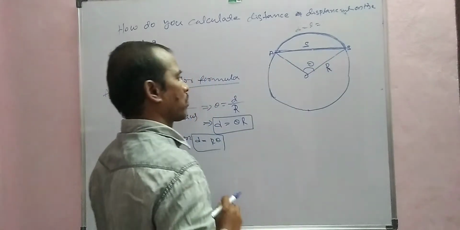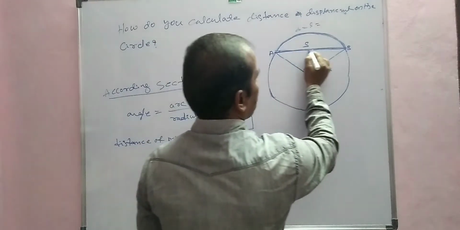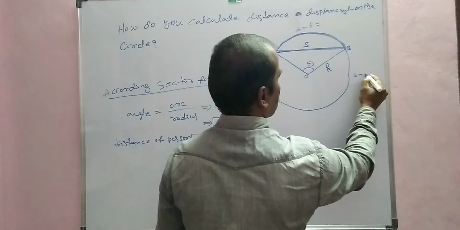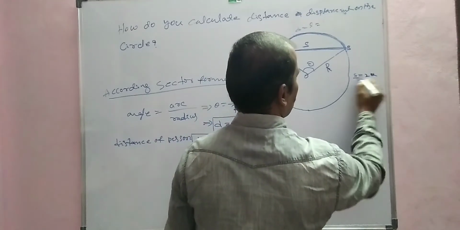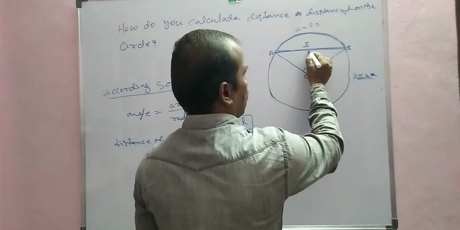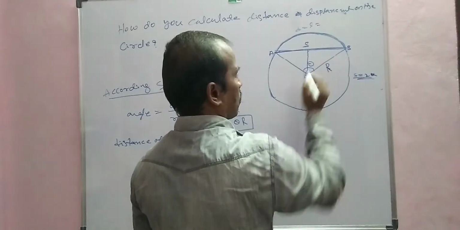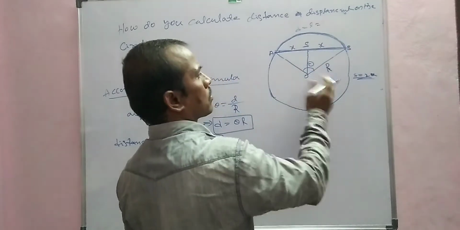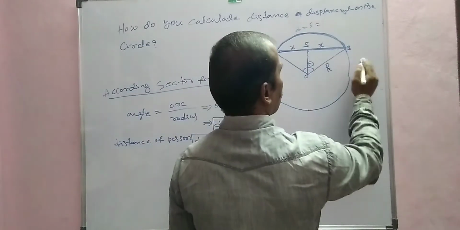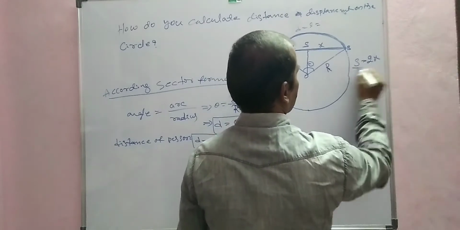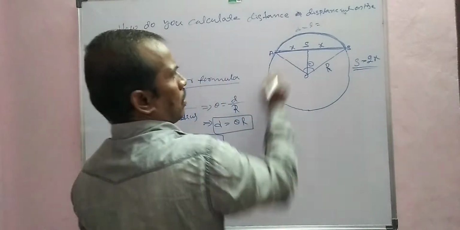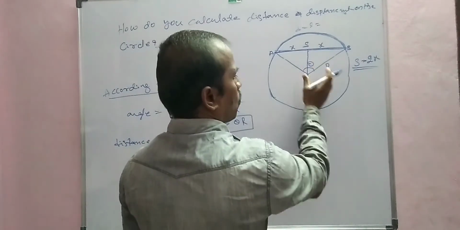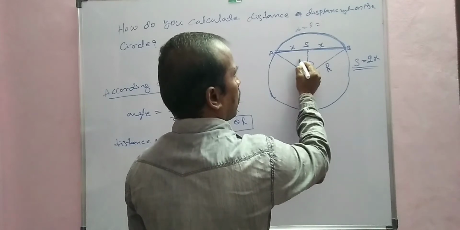First of all, this displacement S is equal to 2x, where x divides AB into two equal parts at the center. So the displacement of the person is S equal to 2x. The total angle at O is theta, so each half is theta by 2.